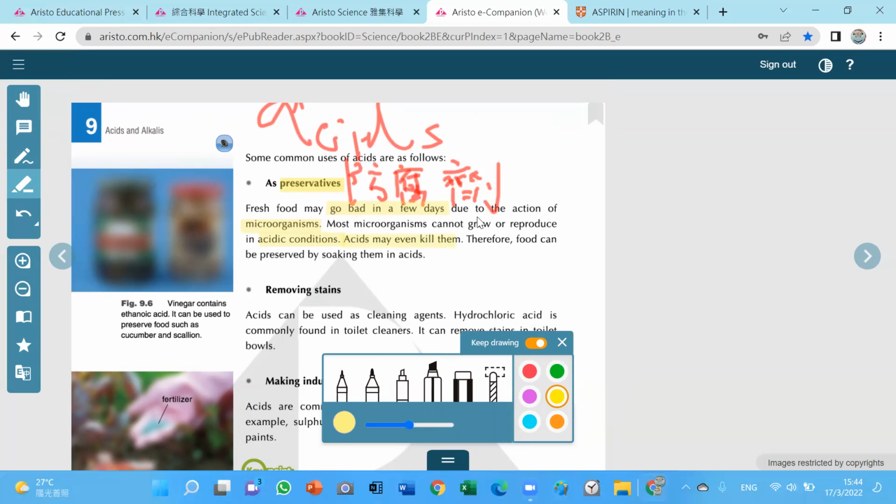Therefore, food can be preserved by soaking them in acids. So number two, the common uses.